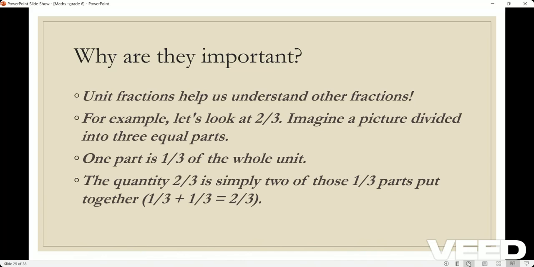I hope you understood. If there is the same number in the denominator in both numbers, you are not adding just one number, you are adding two fractions. So in both fractions, if the denominator is the same, you only add the numerators. The numerators don't need to be equal, they can be any number.